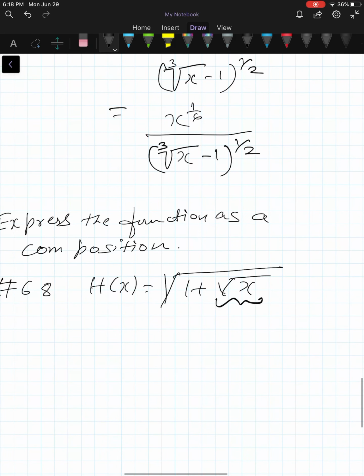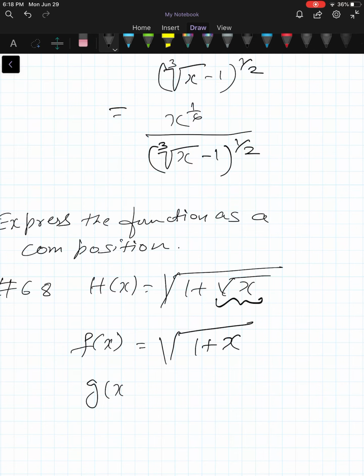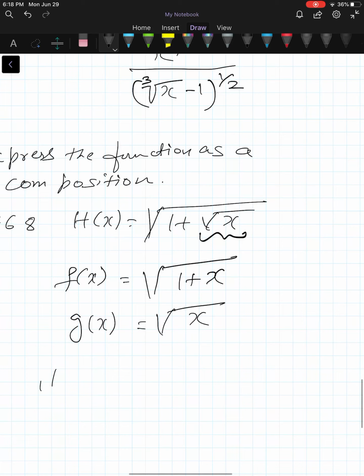You can see two functions here, this one and the square root, correct? So if I take f of x to be square root of 1 plus x and g of x to be square root of x, h of x can be treated as f composed with g of x.